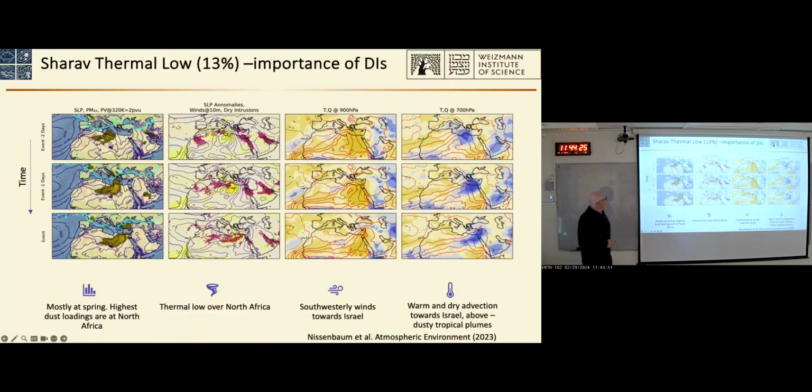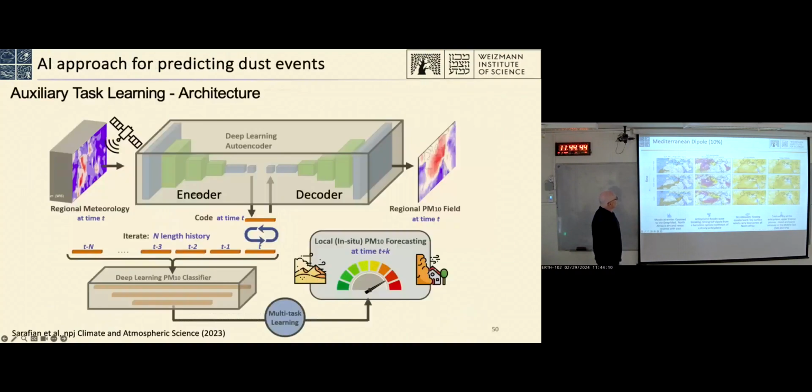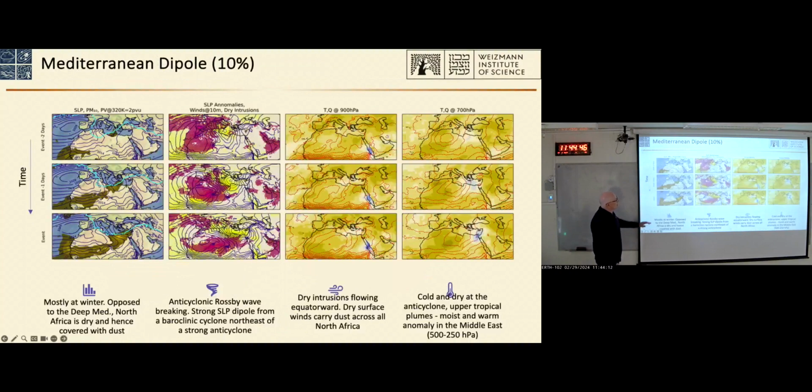And we can see that these are actually important features in several, not in all of the components, but in some of them, driving the dust that comes from different areas. Again, here you can see the dry intrusion, and you can see the dust progressing from Africa to Israel. And it is also true for dust that comes from the east, from the Persian Gulf.